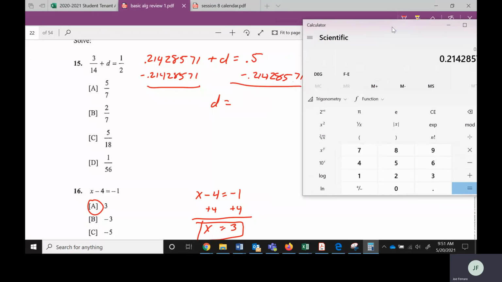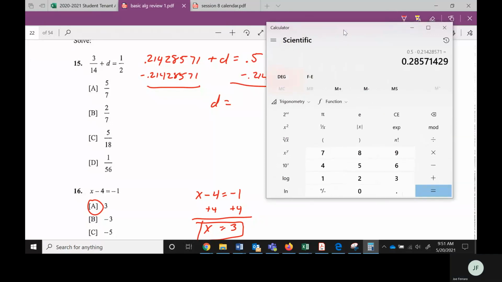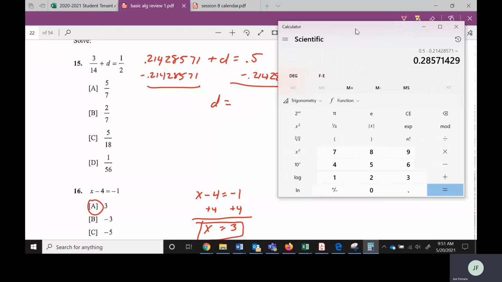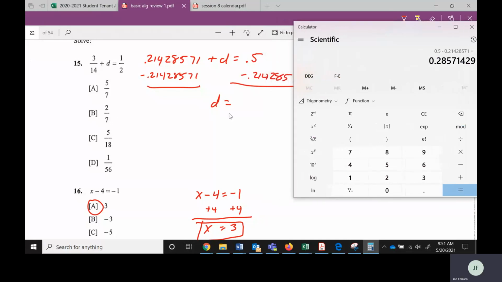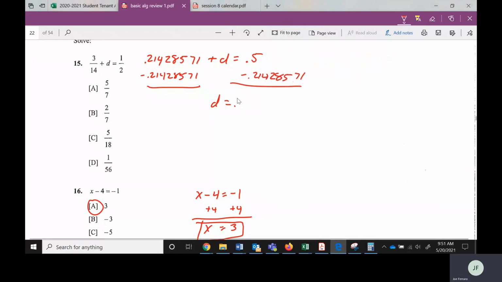Okay, it equals, and it looks like a very similar number, but we get 0.28571429. Okay, so now we got to do like we did before.